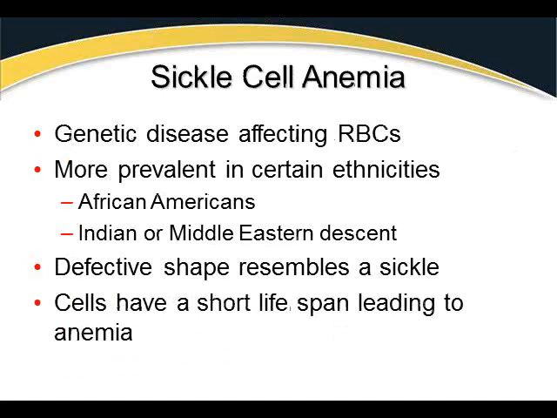So sickle cell anemia, this is a genetic disease that affects the red blood cells. It's more prevalent in African Americans and in people of Middle Eastern descent. And it's a defective shape that makes the blood cell look like a sickle as opposed to the modified donut shape.